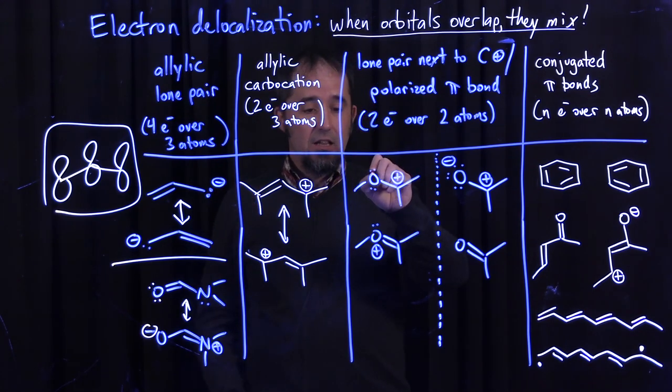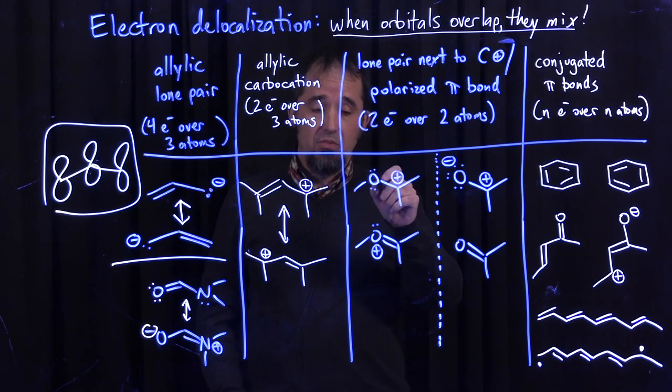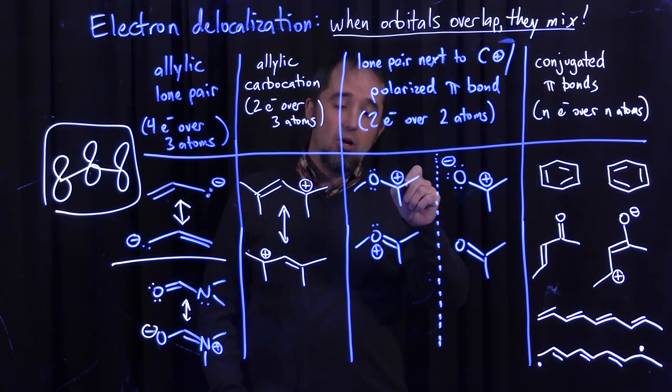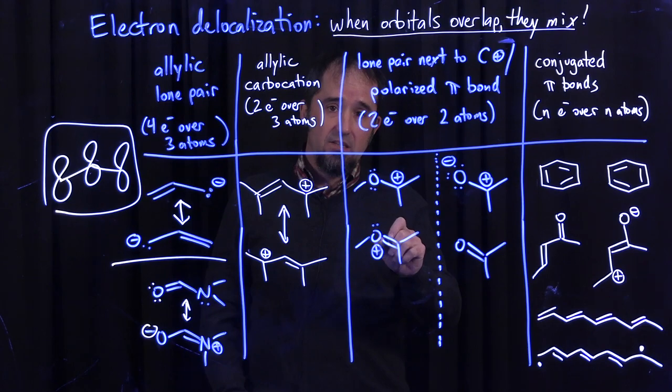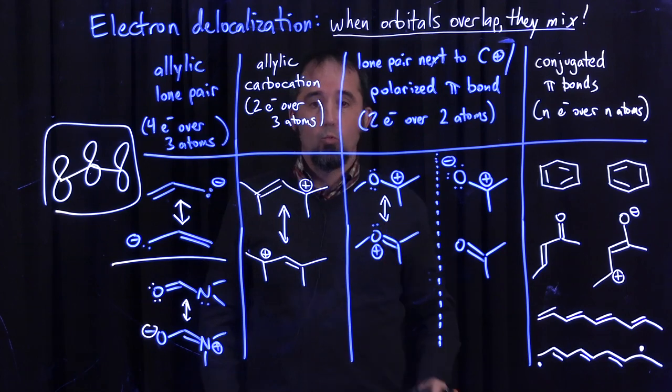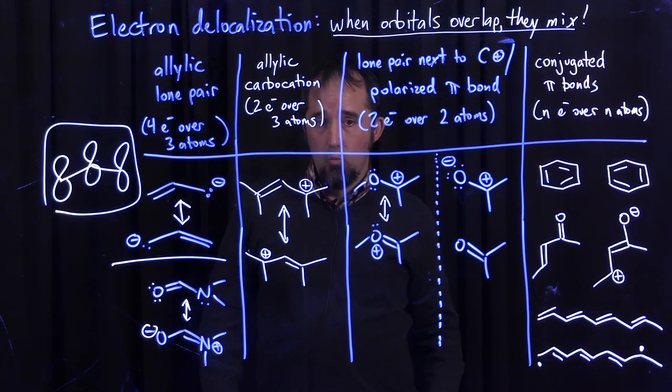So I've got a lone pair here, one of the lone pairs, not both of them, and I've got this empty orbital here. And so I can think about that lone pair sliding over to that carbon and making a double bond. If it does that, then that positive charge would go to oxygen because oxygen is giving up electrons. So again, these are resonance structures of one another.